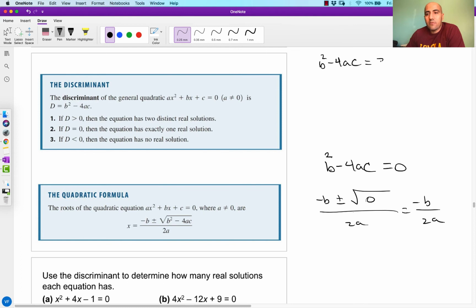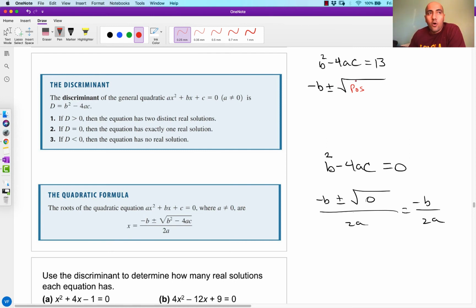On the other hand, if b squared minus 4ac equals some constant that's bigger than 0, maybe it equals 3, or maybe it equals 13, or some other constant, then this part ends up being negative b plus or minus the square root of that. So if the part inside here is some positive number, then this will be some valid root.